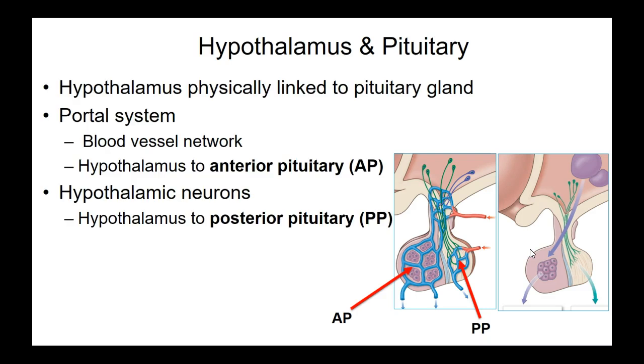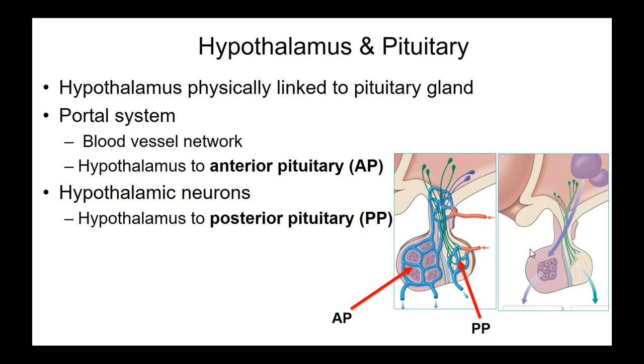All right. So hypothalamus, like I said, is physically linked, and there's a blood vessel network called the portal system that connects the anterior pituitary to the hypothalamus. And then here, the posterior pituitary, we actually have neurons that project into the posterior pituitary from the hypothalamus. Right?